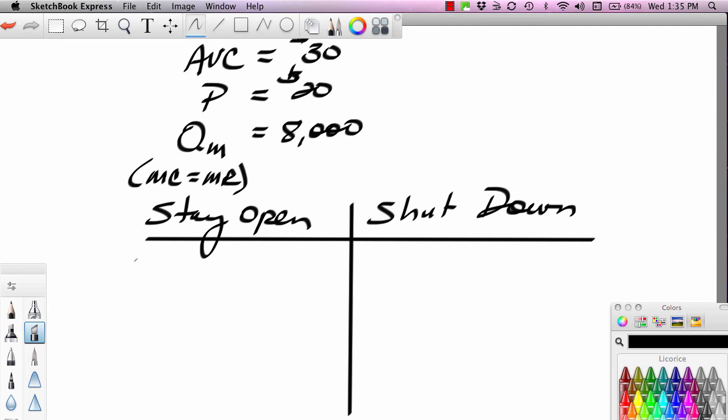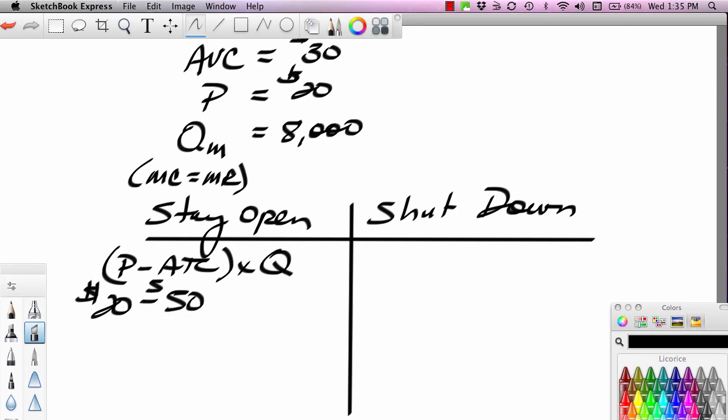Well, it's that calculation we've been doing. Price minus ATC times Q. The price is 20. ATC is 50. So the average loss is 30 times 8,000 units.